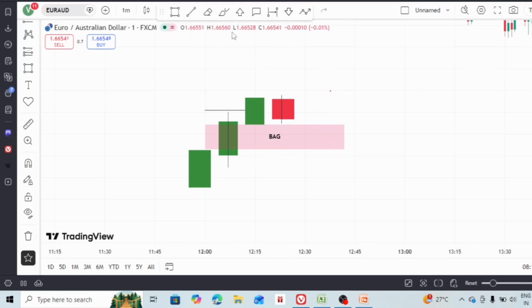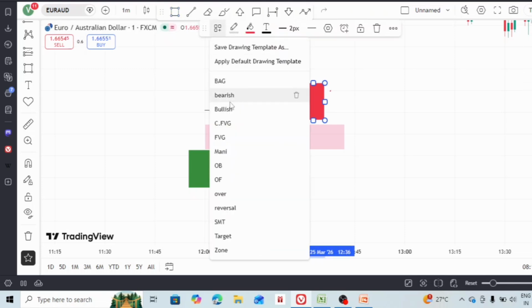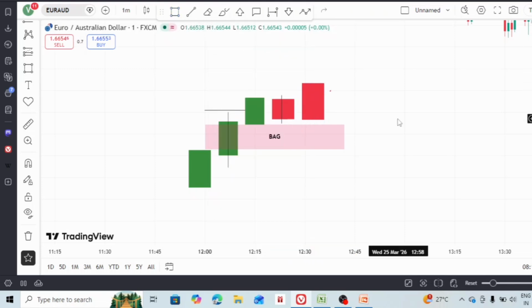You should consider if there is room available for the next candle to move. If there is room available, you can take a direct trade from this gap, even without mitigating.